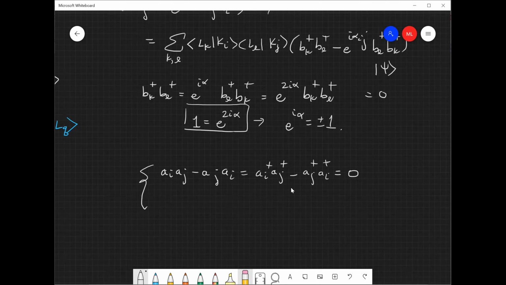So in this case, these are the bosons. This is the e to the i alpha equals 1 case. And the other possibility is that instead of a minus sign here, the operators come in with a plus sign and anti-commute.